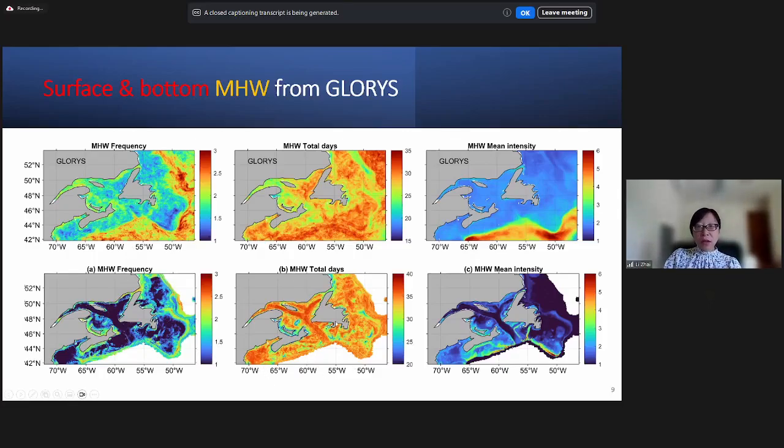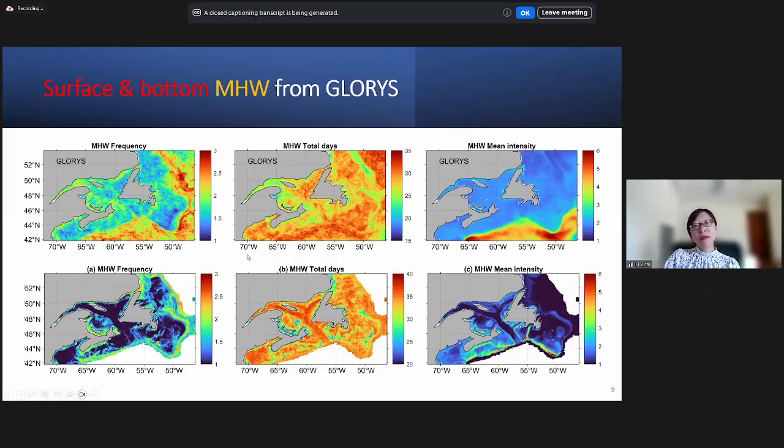And this one shows the bottom marine heat wave total days. If we focus on the Scotian Shelf area, you can see that bottom marine heat waves last longer compared to the surface ones, and have stronger intensity compared to the surface marine heat waves. And we think this may be related to the different forcing mechanisms.